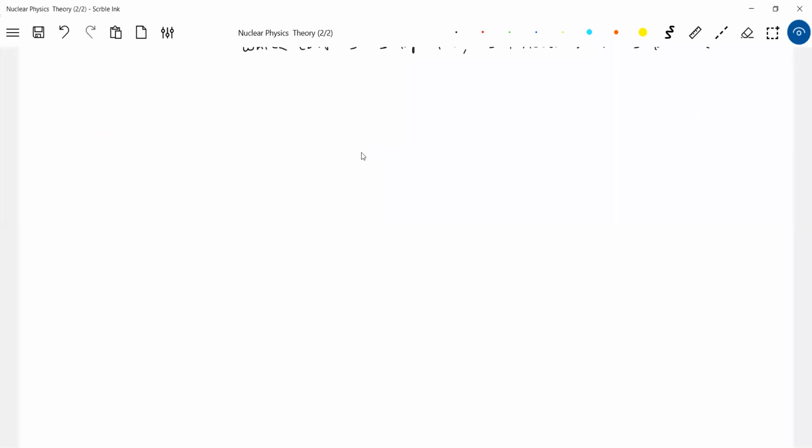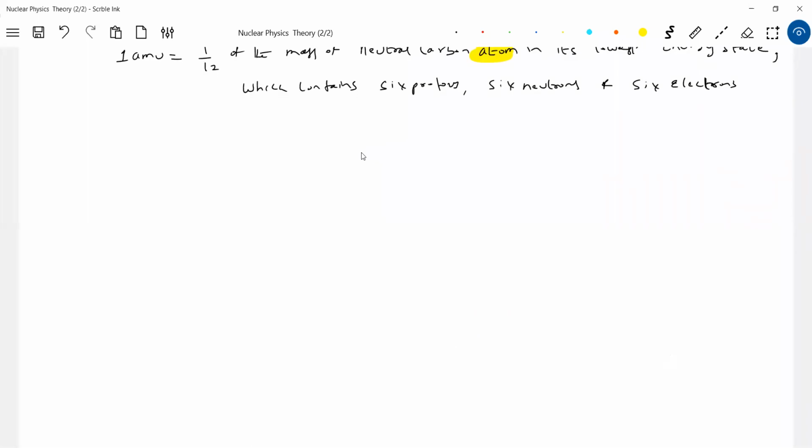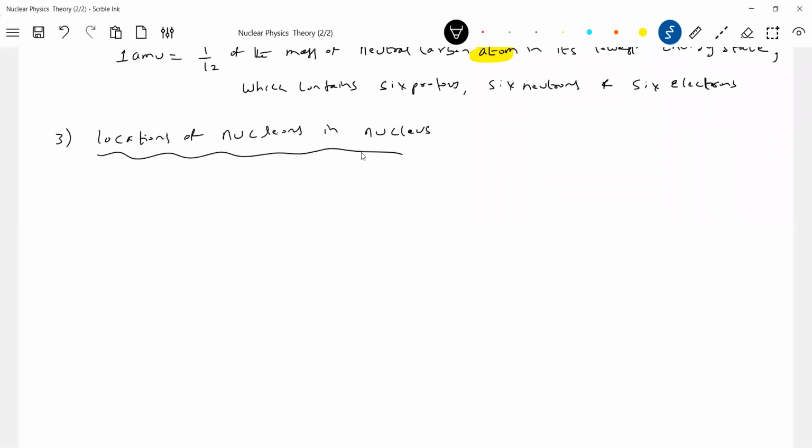The third one: location of nucleons in the nucleus. Means how will they be located? So for this, suppose that there's a nucleus.